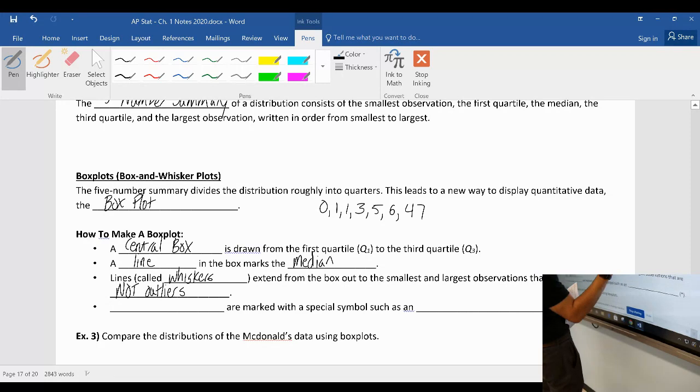And this 47 is obviously an outlier. When we draw in our whisker, it is going to go to this value here, the next highest value that is not an outlier. Okay? Outliers are going to be marked with a special symbol such as an asterisk.